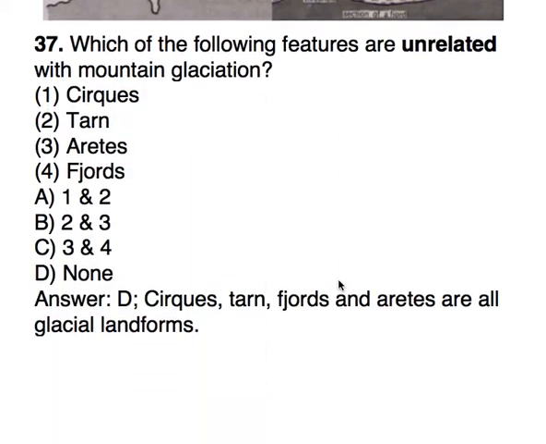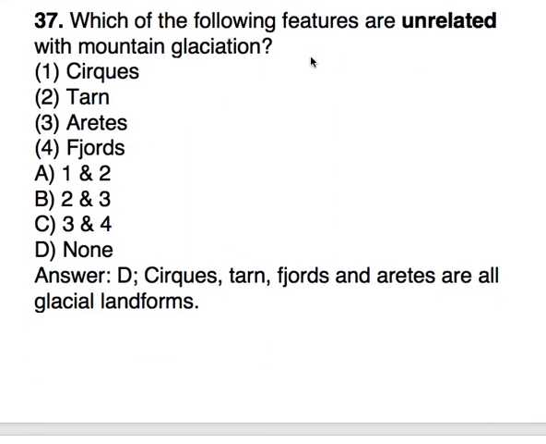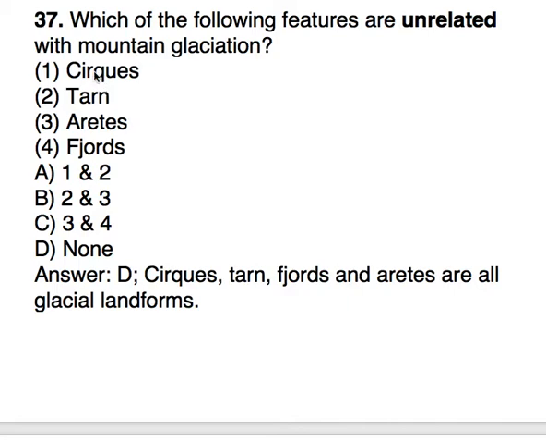Next, which of the following features are unrelated with mountain glaciation? And there are four options: Cirque, Tarn, Arete, Fjords. The correct answer would be D, that is none. Focus on this word, unrelated.